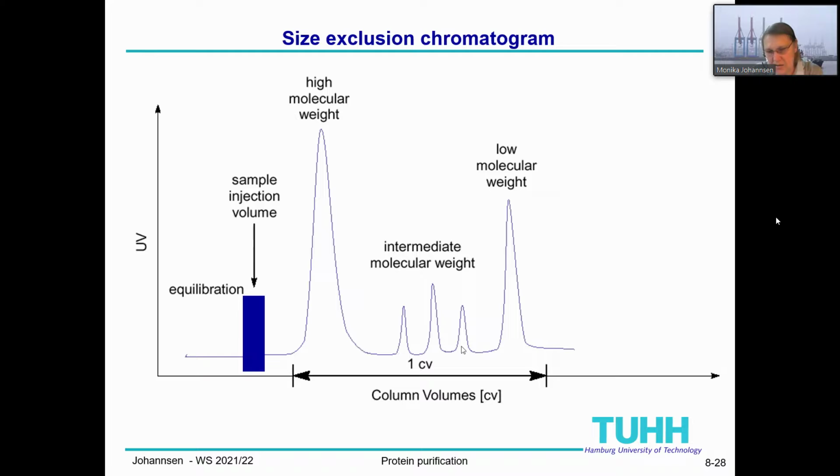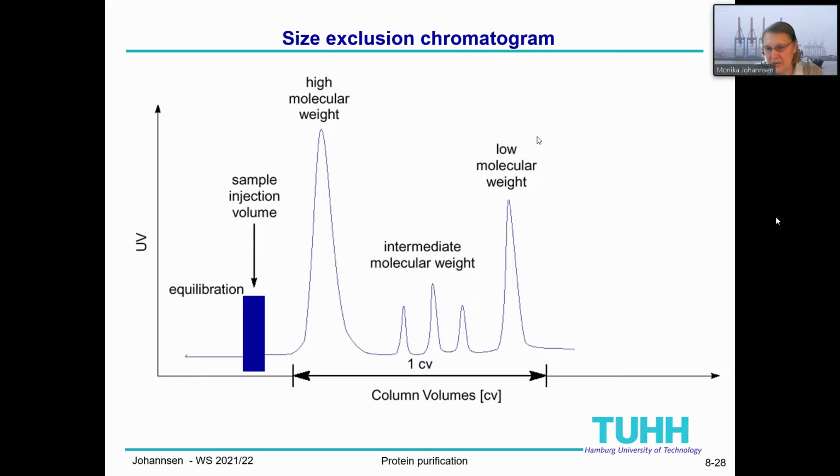Then there is a certain retention time, elution volume here, where we can separate components. This is the fractionation range here. These are the components with intermediate molecular weight. Here we can come to a high purification, high concentration.